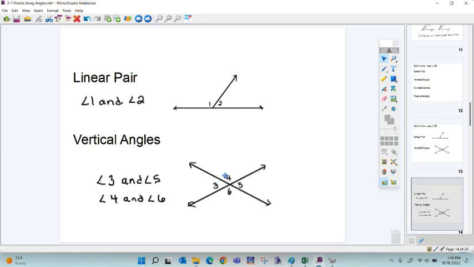For example, angle 3 and angle 4 are a linear pair if you don't look at the rest of it. Angle 4 and angle 5 form a linear pair because they make a line together. Angle 5 and angle 6 make a linear pair. Angle 3 and angle 6 make a linear pair. But 4 and 6 are vertical angles. 3 and 5 are vertical angles.